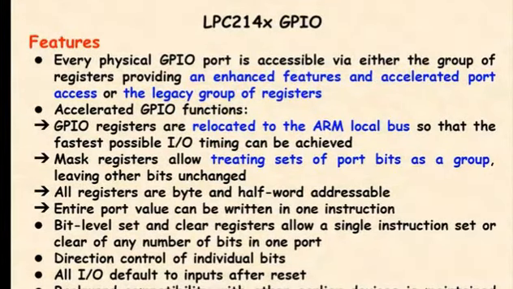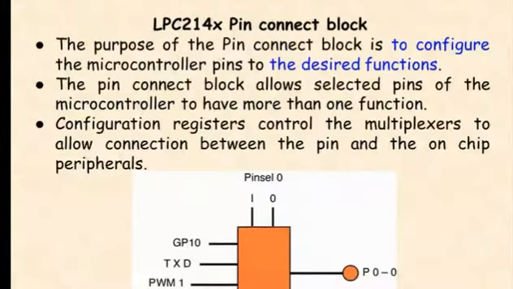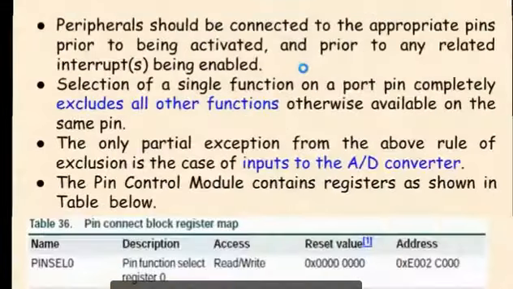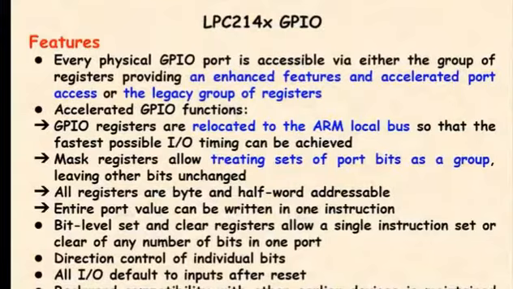We had seen the block diagram of GPIO. There are slow GPIO and fast GPIO. These are relocated to the ARM local bus so that direct operation can be done.